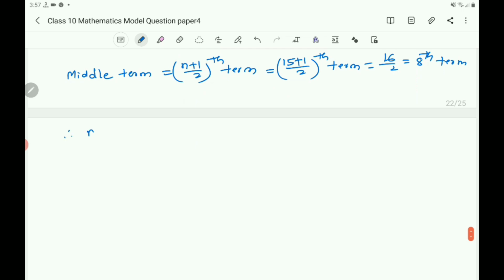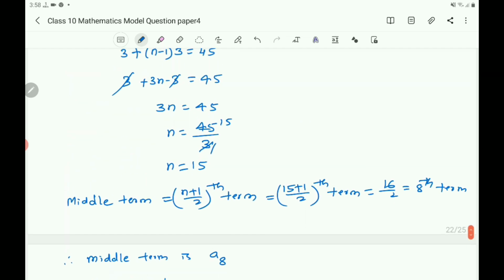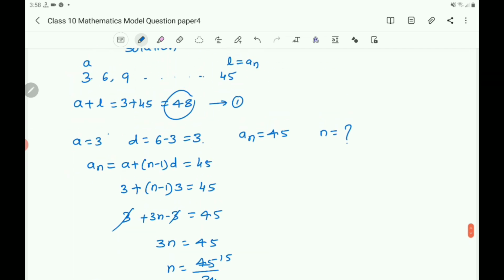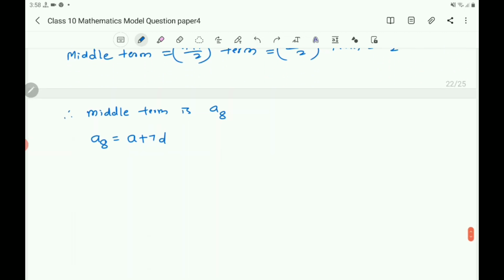Therefore the middle term is a8. Now let us find a8. You know that a8 is equal to what? a plus 7d. a is 3 and d is also 3. So write 3 plus 7 into 3.